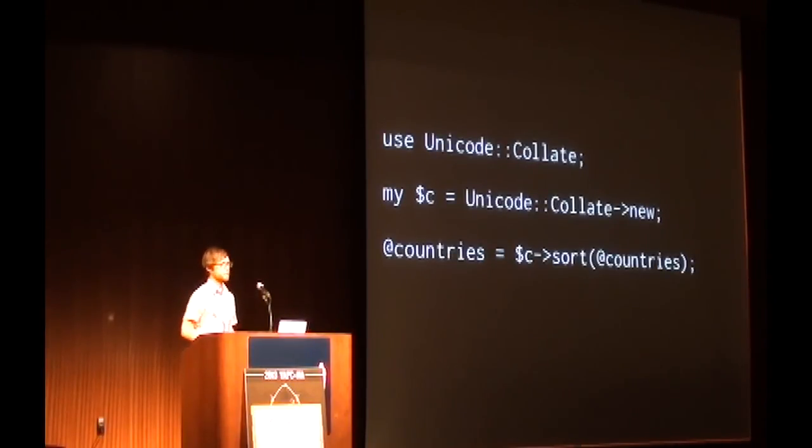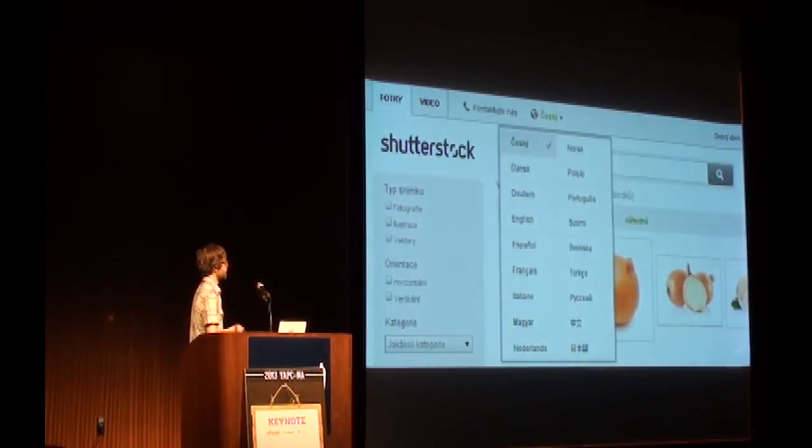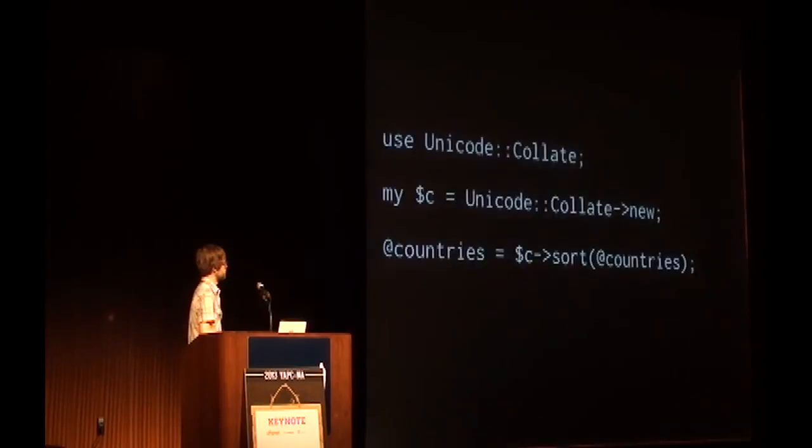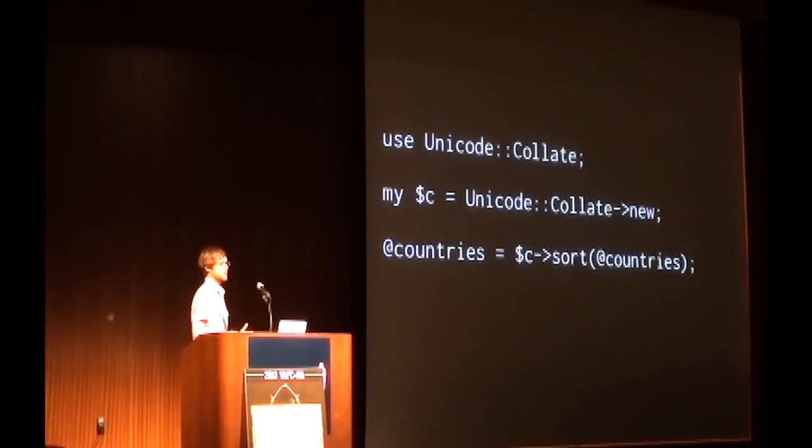So by default, this uses the default UCA algorithm, which is excellent if you have mixed data, just like here. This is in a variety of different languages. And the UCA is great for supporting content that's in a variety of different languages. It generally does the right thing.